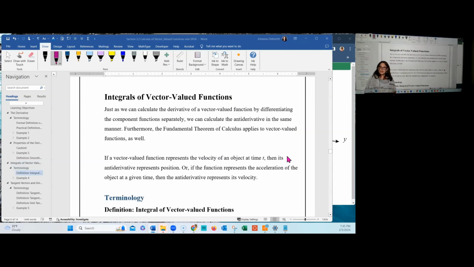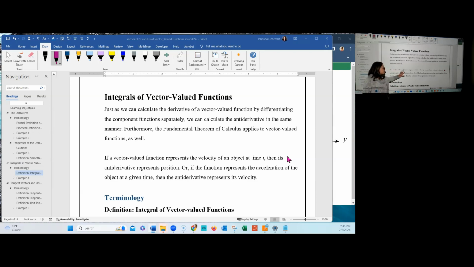So we'll start, much like we did with derivatives, with the formal definitions and then how we actually do it in practice. So just as we did before, we're going to take a look at how we find the antiderivative of a vector valued function. Now it's going to turn out that the fundamental theorem of calculus still applies to vector valued functions, which makes our work much simpler.